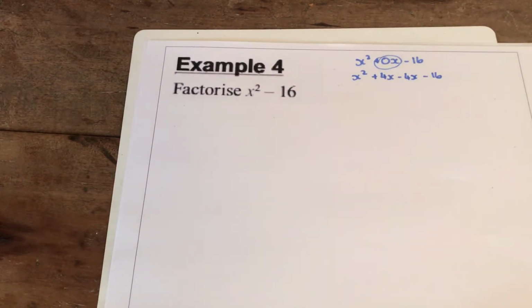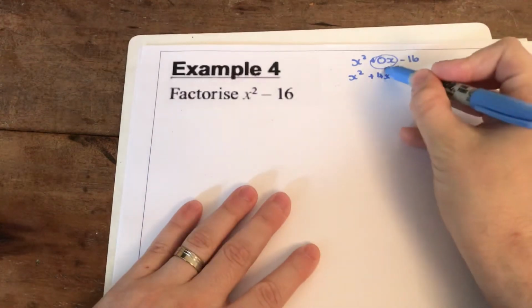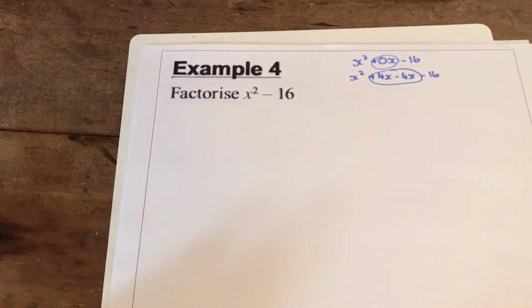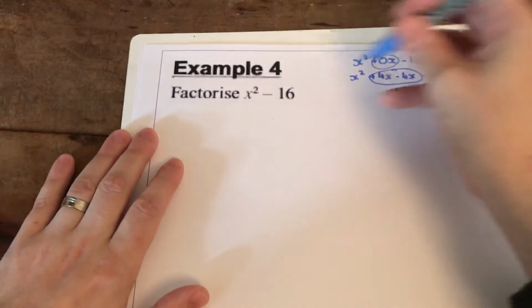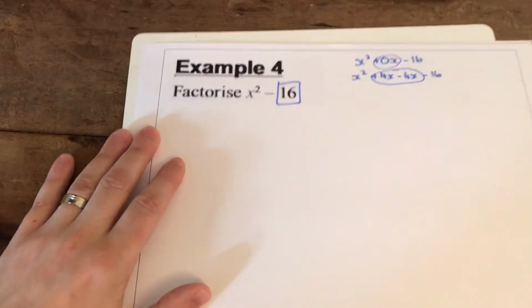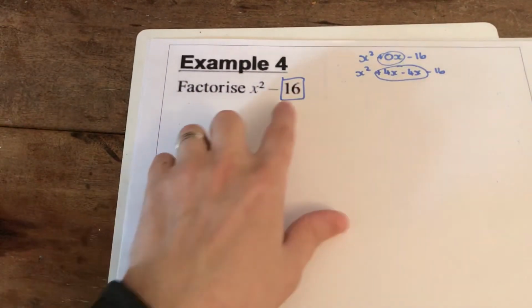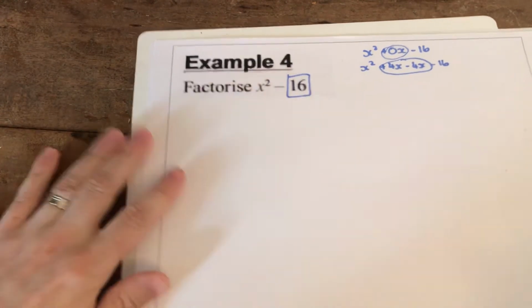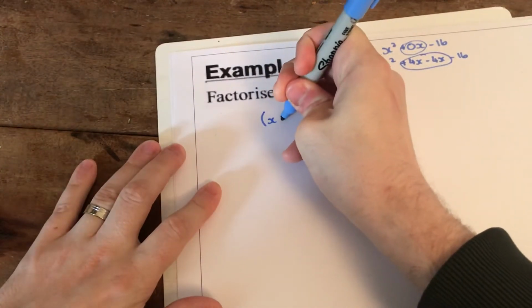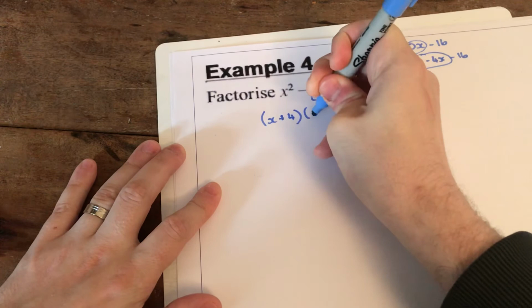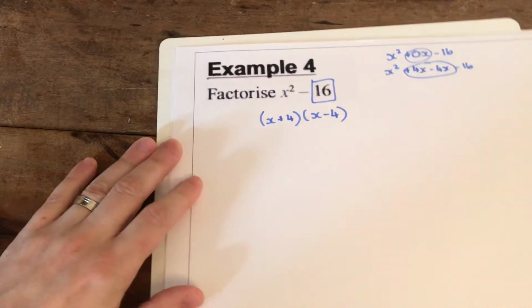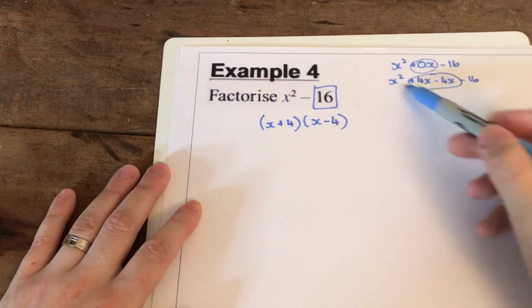I know the answer here, so I'm showing you what it would be. And these numbers have cancelled out. What you've got here is a square number. The square root of 16 is 4. So what goes in the brackets is x plus 4, x minus 4, because our middle terms have cancelled out.